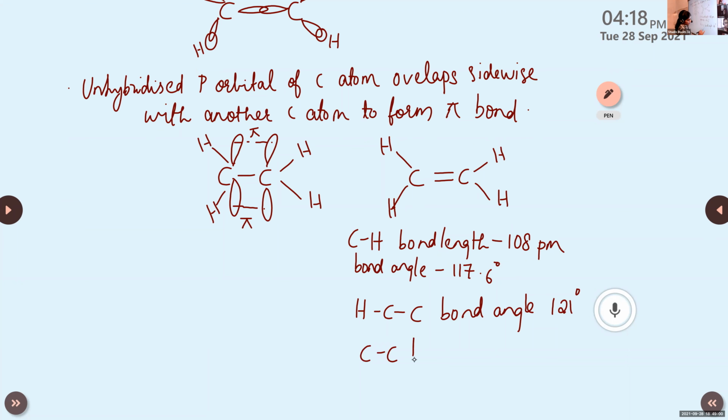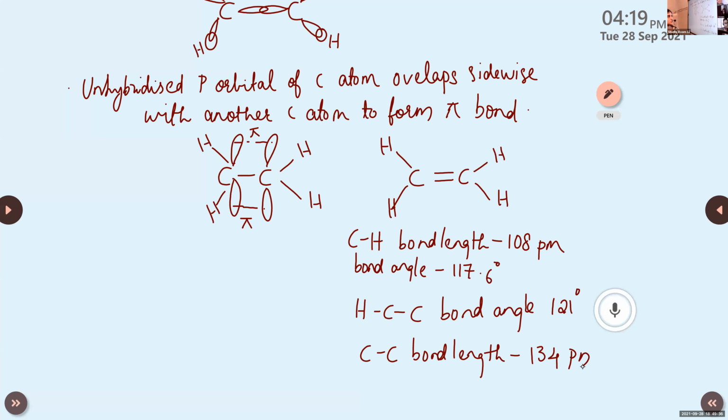Then the CC bond length is 134 picometer. Okay. CH bond length is 108 picometer. Then CC bond length is 134 picometer. Then the bond angle of CH is 117.6 degree. And the bond angle between HCC is 121 degree.